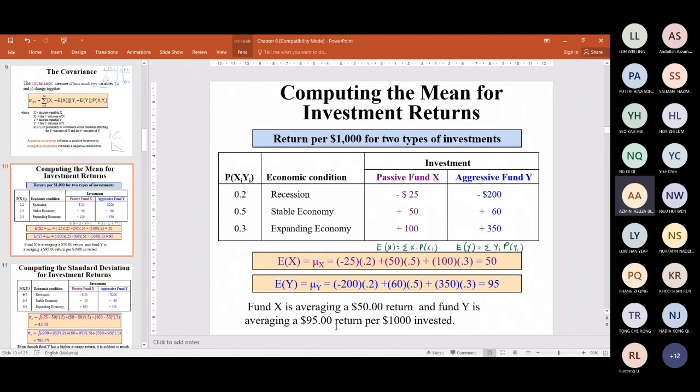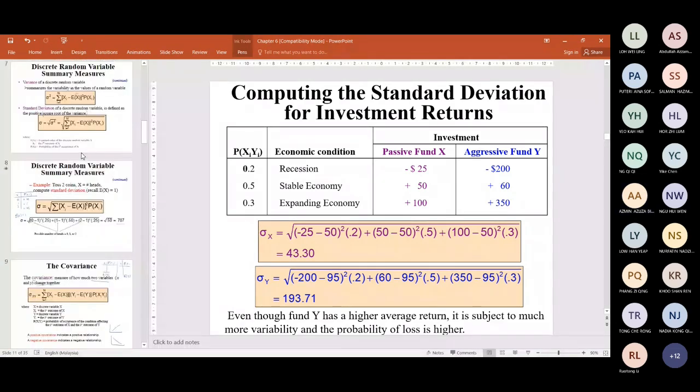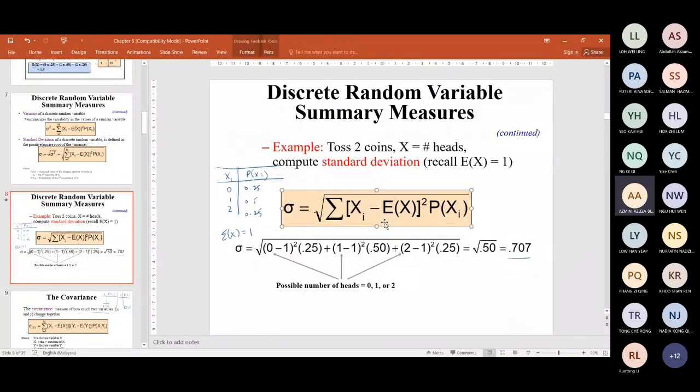Now let's find the standard deviation. We want to see the variability of the data itself, the variability of fund X and Y. To find the standard deviation, again it's the same formula as the previous one.